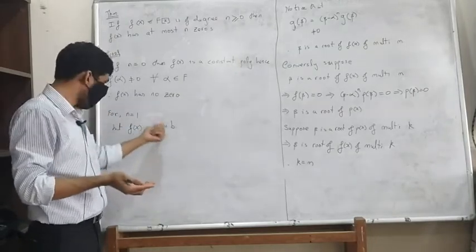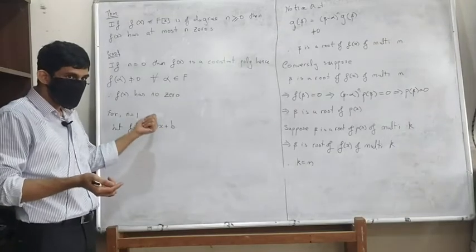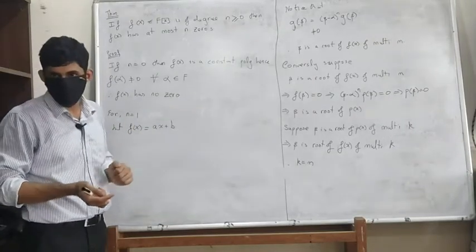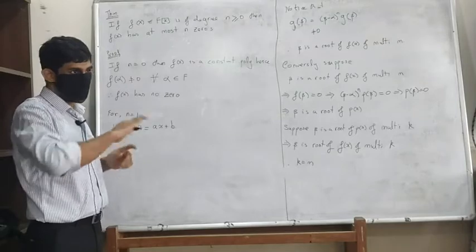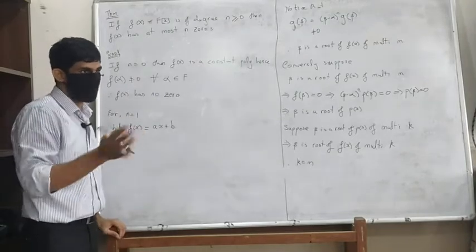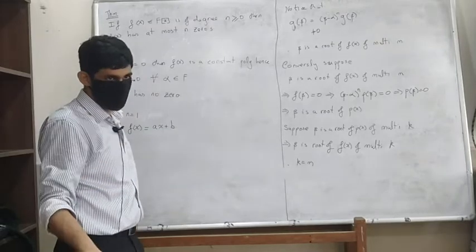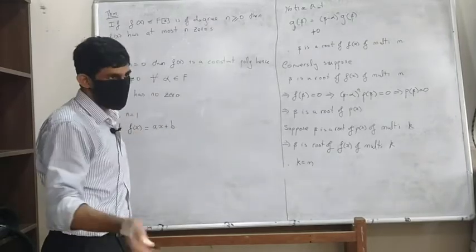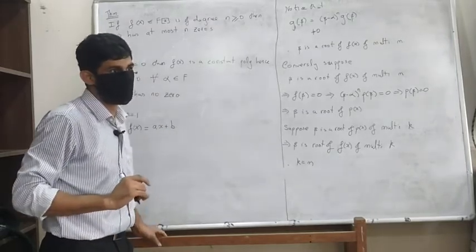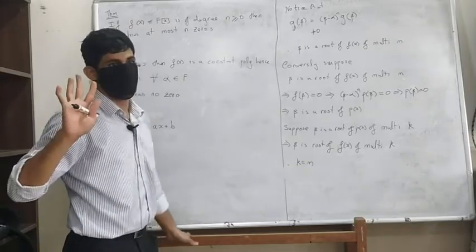If alpha is a zero, then a alpha plus b is 0. Now you can take b to the other side, adding the additive inverse of b on both sides, you get a alpha equals minus b, and then multiplying by the inverse of a on both sides, alpha has to be minus b times a inverse.